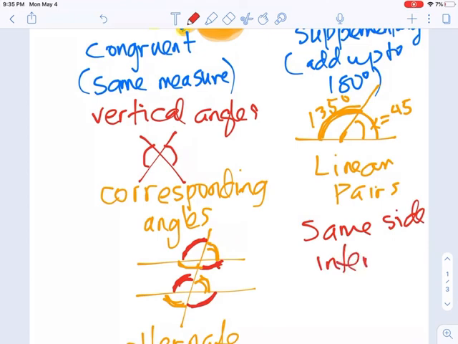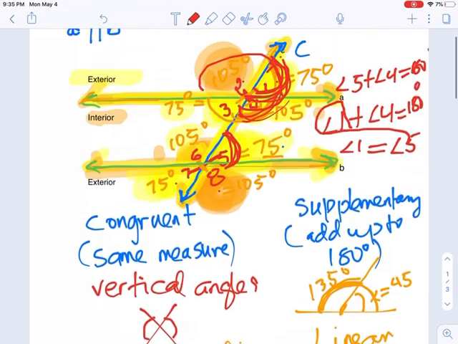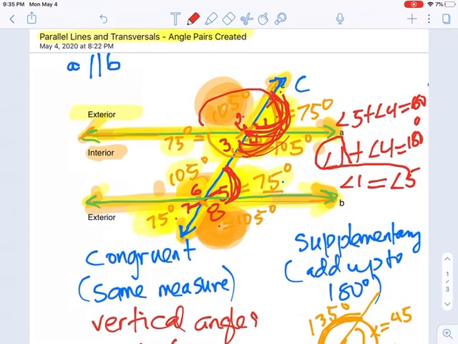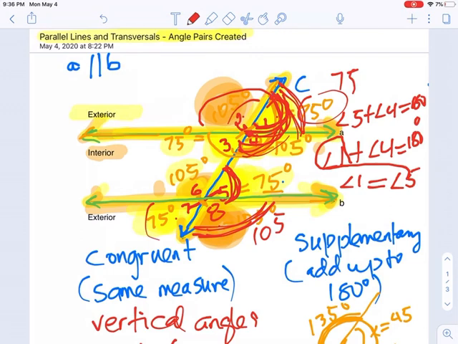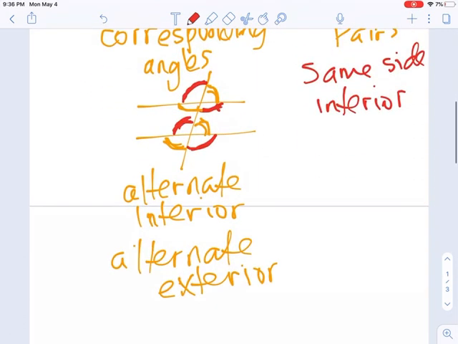Okay, and we can see that 1 and 8, they are on the same side, but they are outside of the parallel lines, and they also add up to 180. The 75 and the 105 add up to 180, and the same thing as 2 and 7. We call those same side exterior angles.